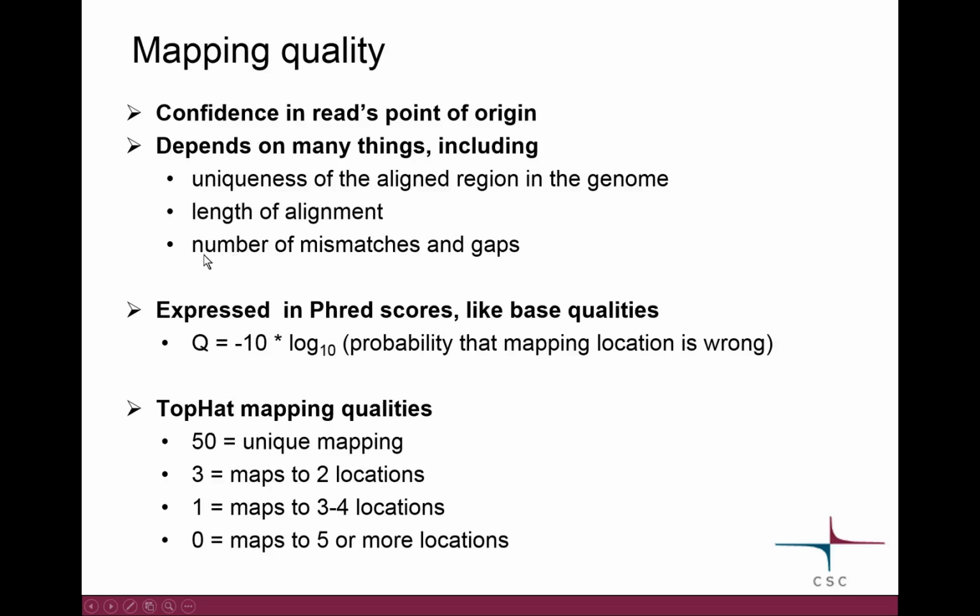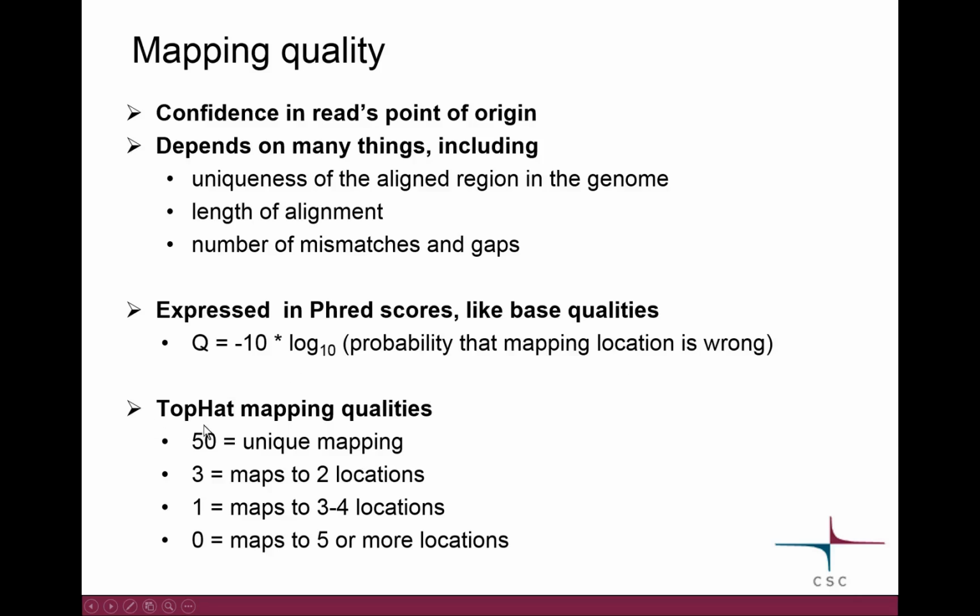This can obviously depend on many things, but probably the most important thing is how unique that particular sequence is in the genome. So if it's present in many places, then obviously we don't have any confidence whatsoever that it comes from one of them. And the mapping quality is calculated with the same formula as the base quality. So bigger the better.